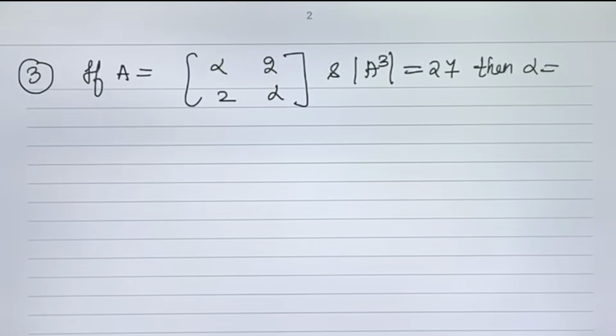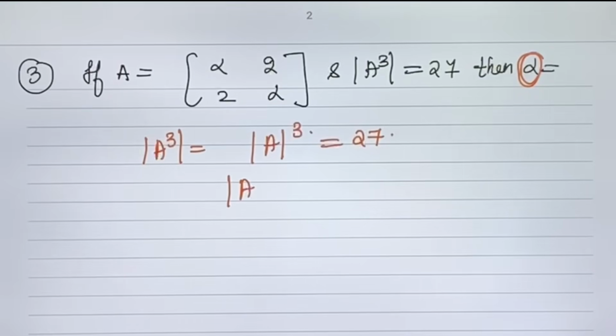Next question: if A is equal to alpha to 2 alpha and det of A cube is equal to 27, then what is the value of alpha? Now we know that det of A cube and det of A whole cube are equal. It is equal to 27.